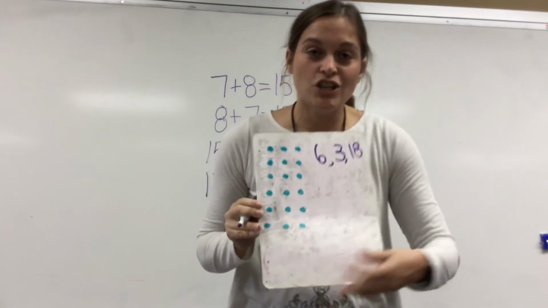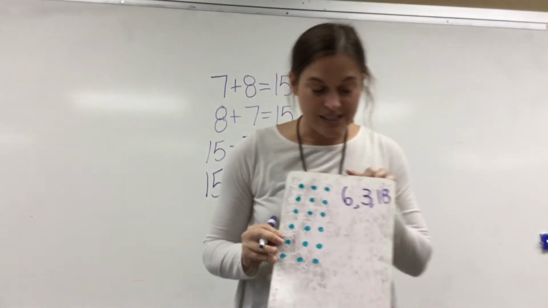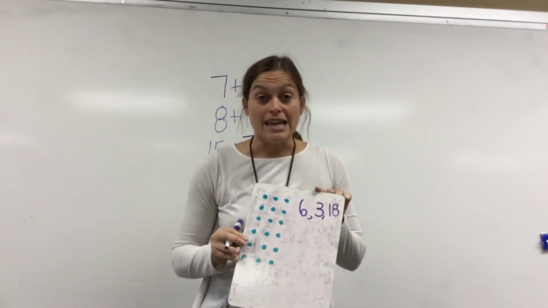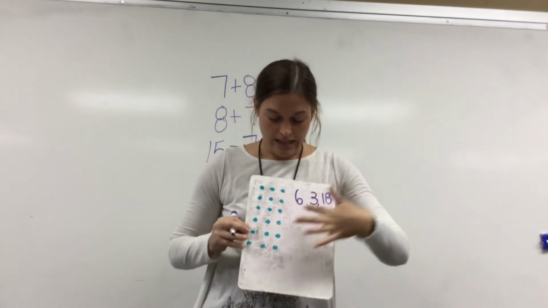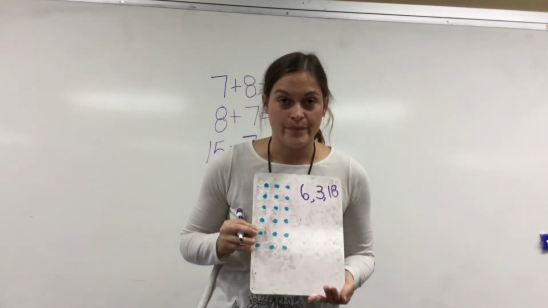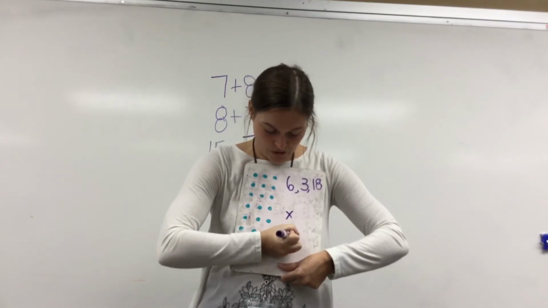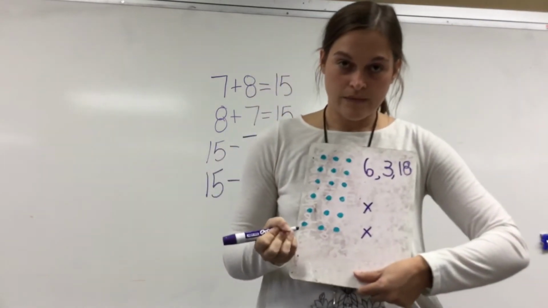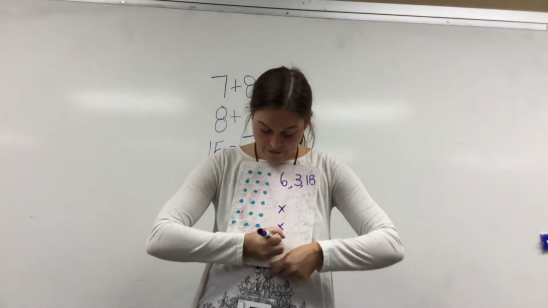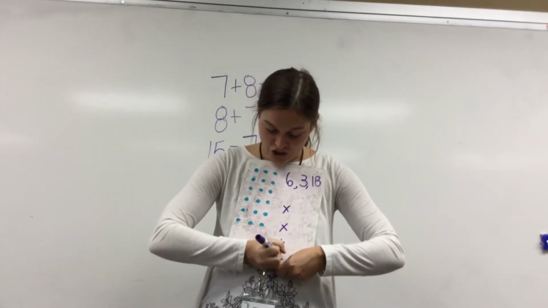So I need to use the numbers 6, 3, and 18 in a fact family. I'm going to have 2 multiplication facts. I'm going to have 2 division facts.